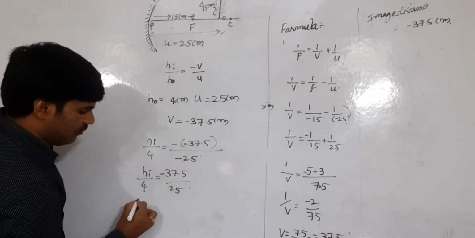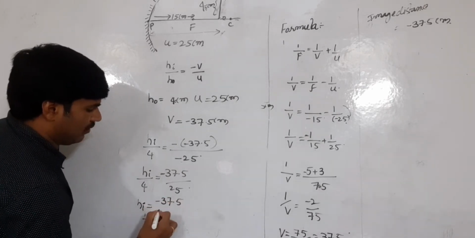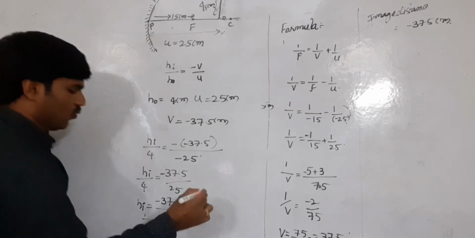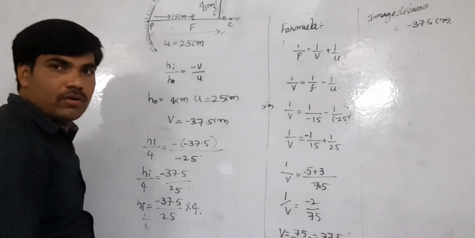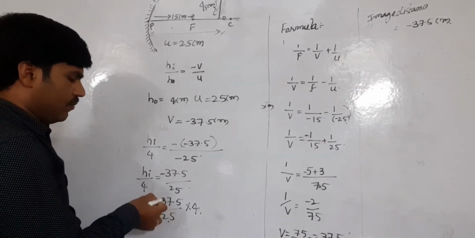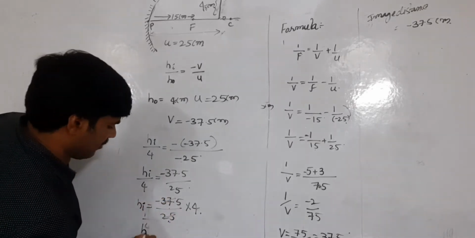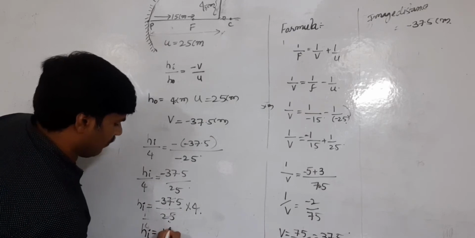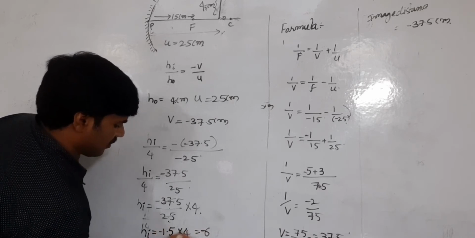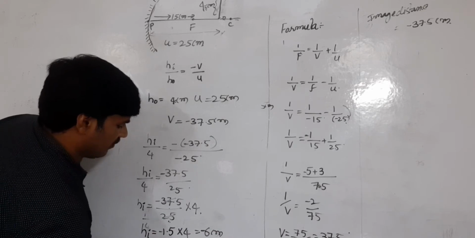Here it is also given as h_i is equal to minus 37.5 by 25 into 4. 37.5 by 25 is approximately 1.5, into 4, that is minus 6 centimeters. h_i is equal to minus 6 centimeters.